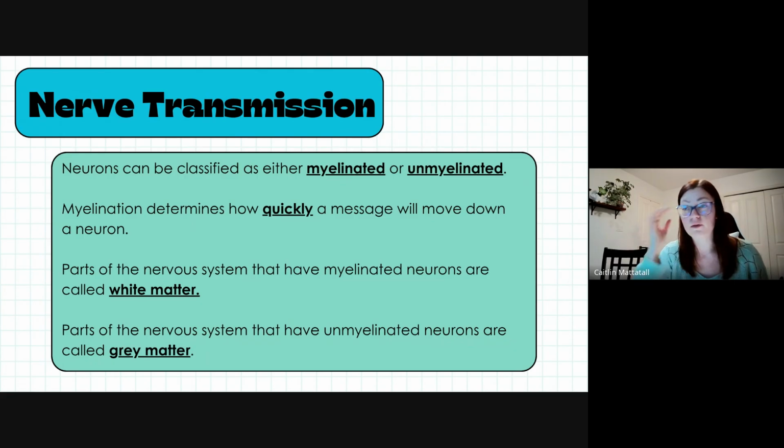Okay, so some of our neurons are going to be myelinated, which again means they have the little bubbles on the axon, and some are going to be unmyelinated, which means they don't have those bubbles.